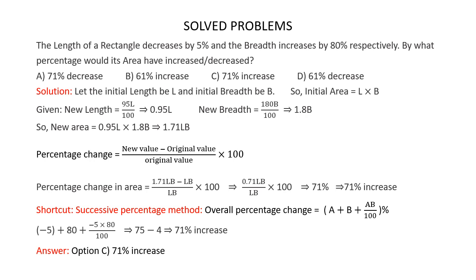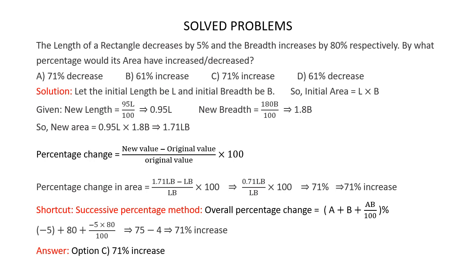Now this problem can also be solved using the successive percentage method. Now the overall percentage change can be found out by using the successive percentage method. Using the formula, overall percentage change is equal to A plus B plus AB by 100%.